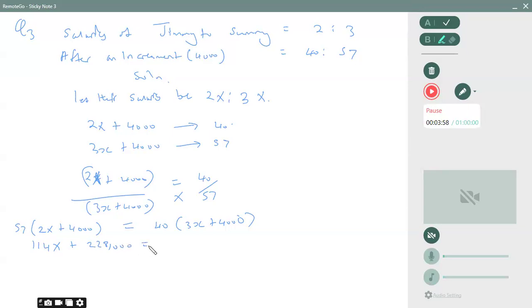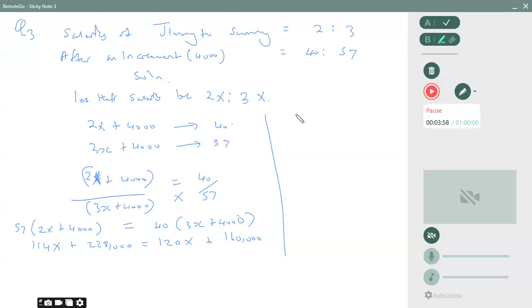When you get 40 times 3, it gives you 120x. 40 times 4,000 gives you 160,000.